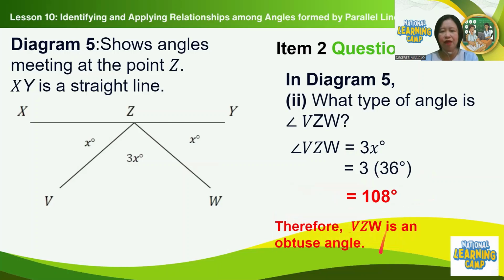And therefore, VCW is an obtuse angle. Why? What is the meaning of obtuse angle? When we say obtuse angle, it is greater than 90 but less than 180. So therefore, 108 degrees is an obtuse angle.